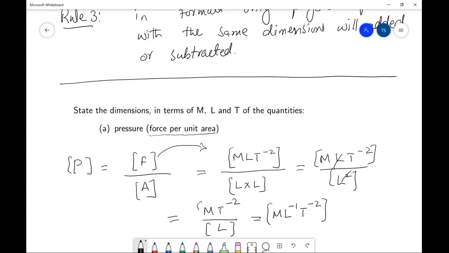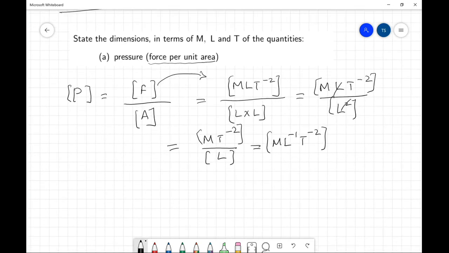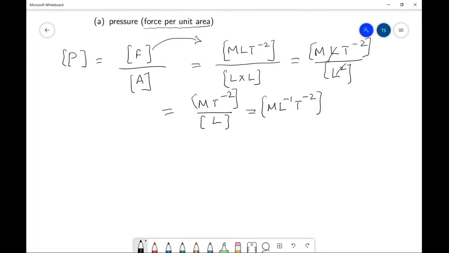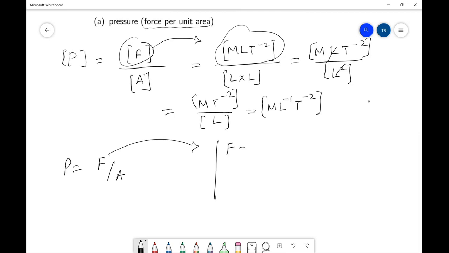Always use brackets so that the observer knows you're talking about dimensional analysis. However, if you don't know this, then you know that pressure is equal to force per unit area. So first find out for force. Force is equal to mass times acceleration, and acceleration is what?